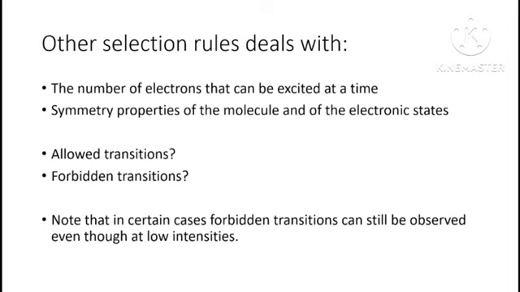When the right conditions are met, some forbidden transitions can occur, but the intensity will be low. If you look at the results, the peak might be very small compared to the intensity of the allowed transitions.